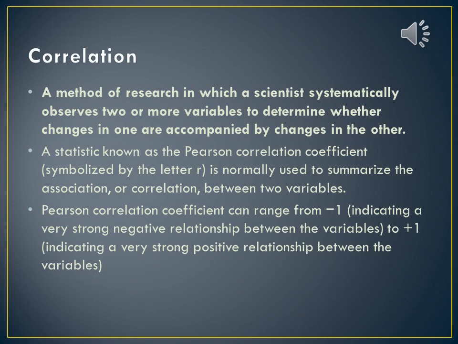The next method we use in social psychology is known as correlation. It is a method of research in which a scientist systematically observes two or more variables to determine whether changes in one are accompanied by changes in the other. Correlation is one of the methods we use in statistical analysis to find out whether there is any relationship between two psychological variables in the research.